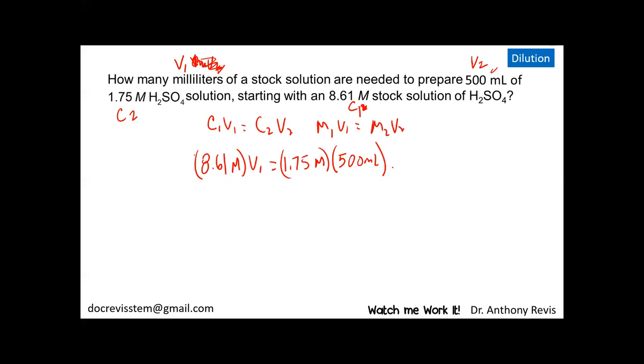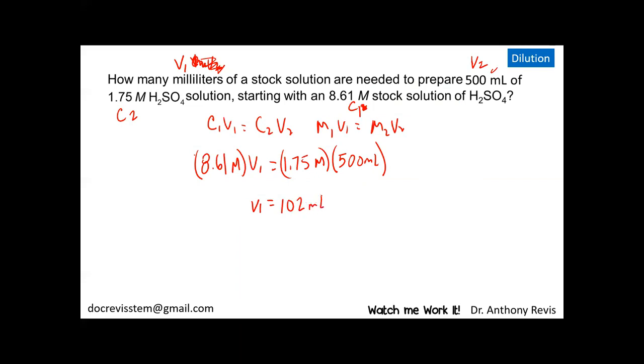If you punch this through on your calculator, once you put all this in, you'll find that V1 will equal 102 mL. That's what you get.